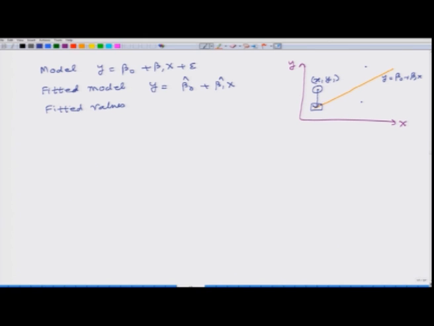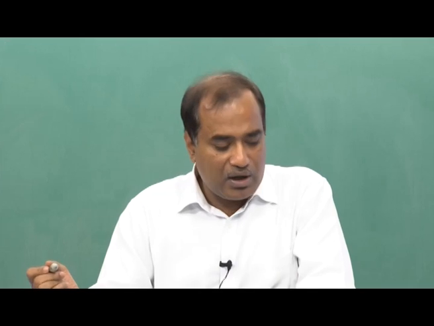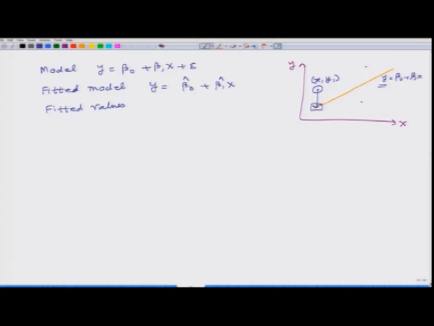The value of y which is obtained using the observed value of xi is the ith fitted value. Let me try to explain with a simple example.